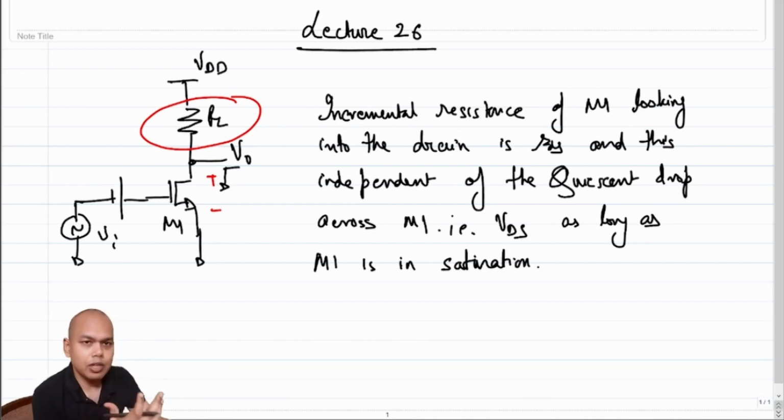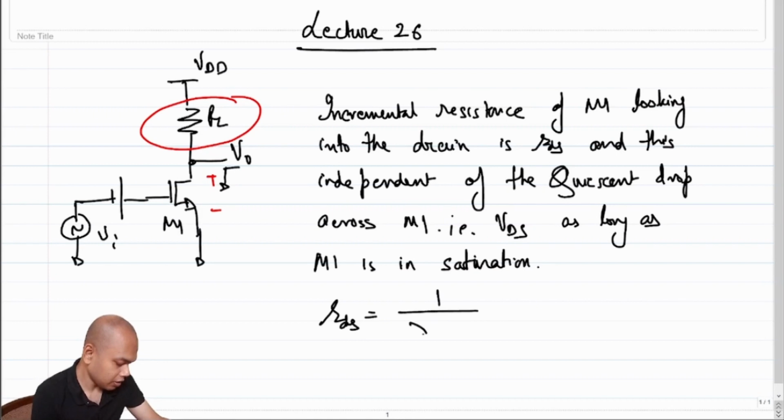So as long as M1 is in saturation, what is RDS? RDS is 1 over lambda IDS, right?